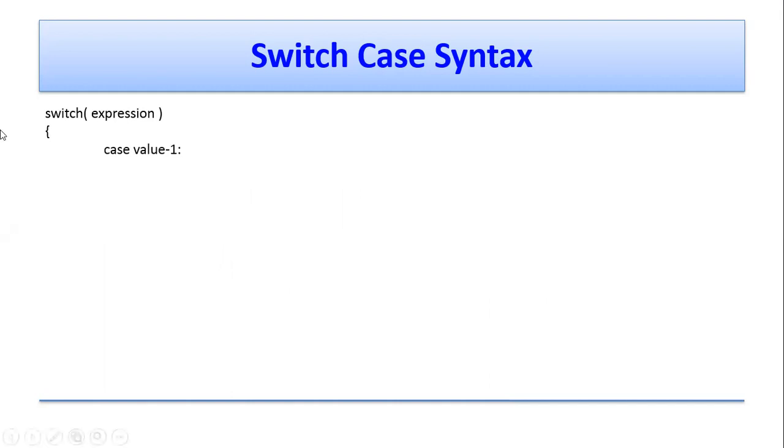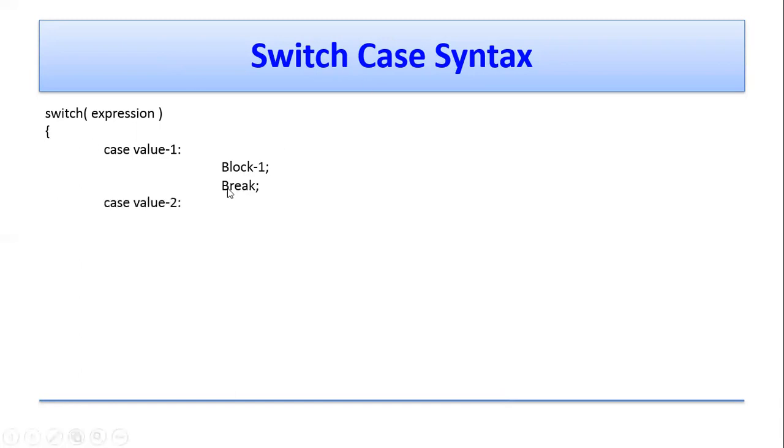So here you have the term switch, and here we can have a condition or expression, right? Then we can open the block, and here we define case value one. Say case one. If it is found, then we can have a set of statements, and then a statement called break.